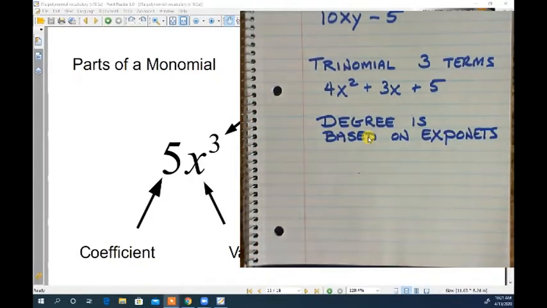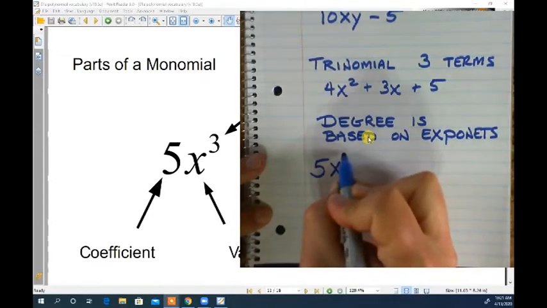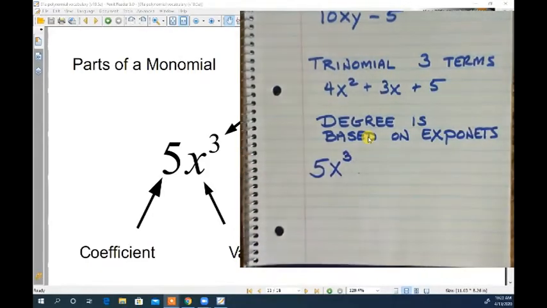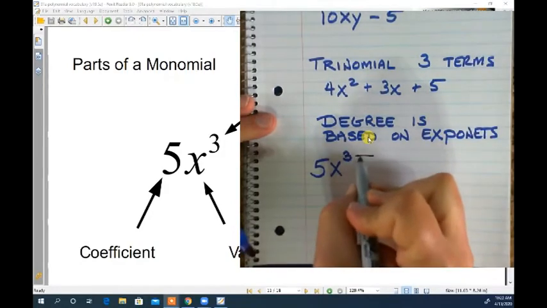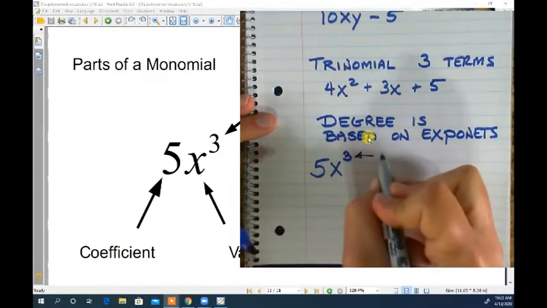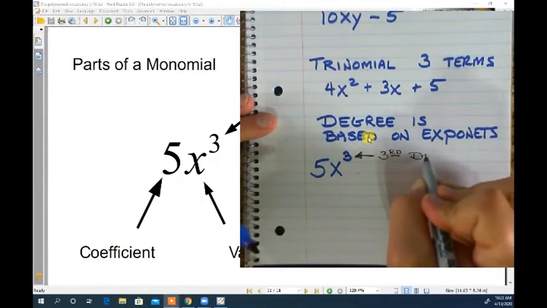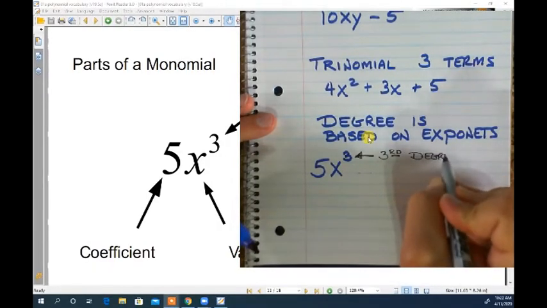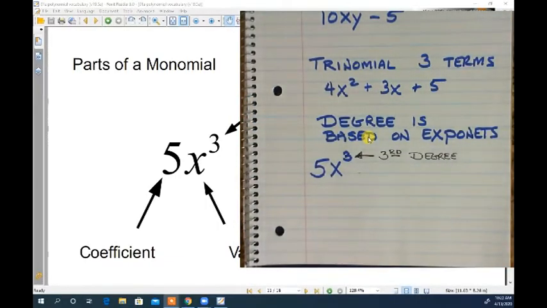So if I have 5x to the third, this is a third degree, because the exponent is 3.